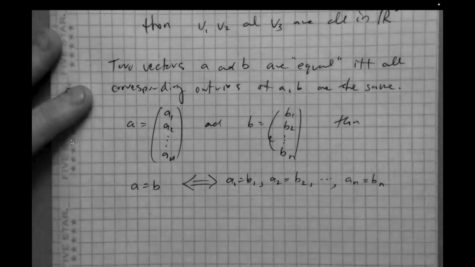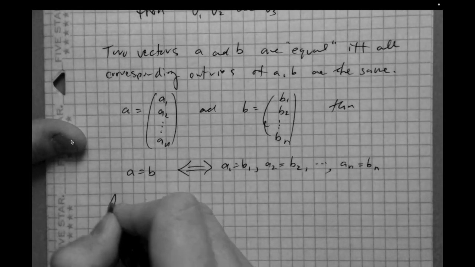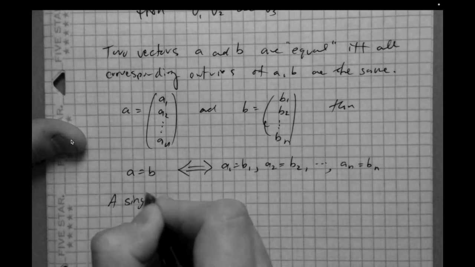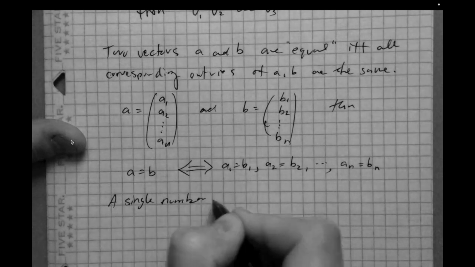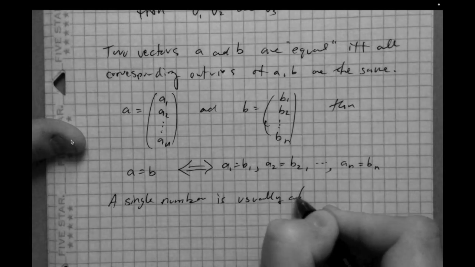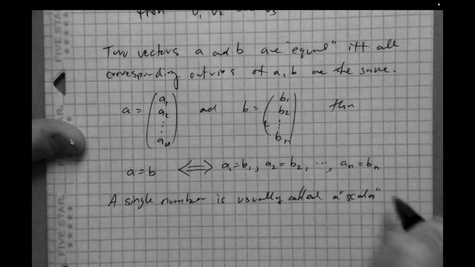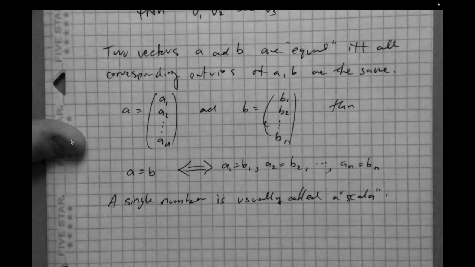Another thing we'll need at the onset is the idea of a scalar. When we talk about a single number, it's usually called a scalar, to distinguish it from a vector.